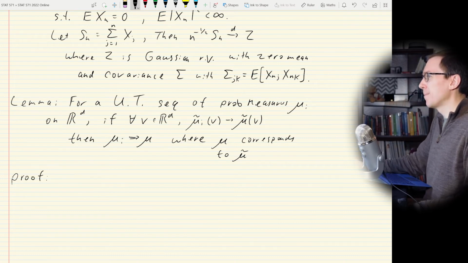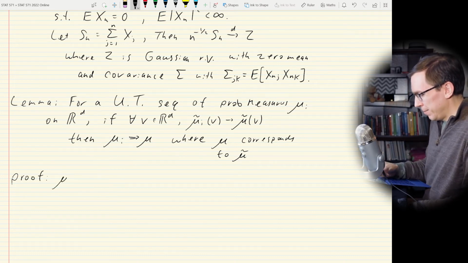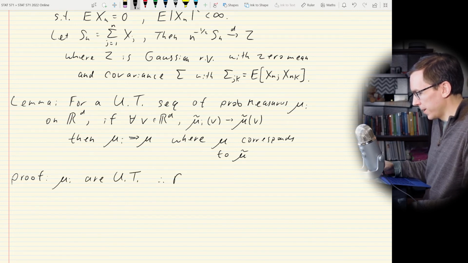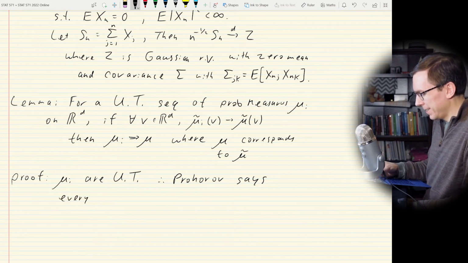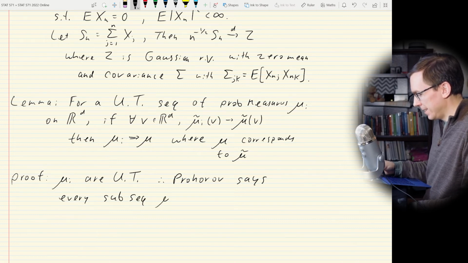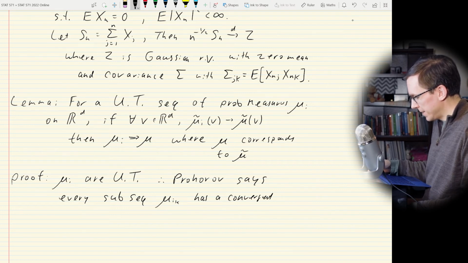Right, so mu_i are uniformly tight. Therefore, our good friend Prohorov says that every subsequence mu_ik has a convergent subsequence mu_ik.